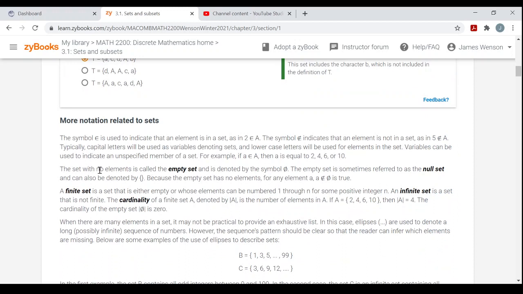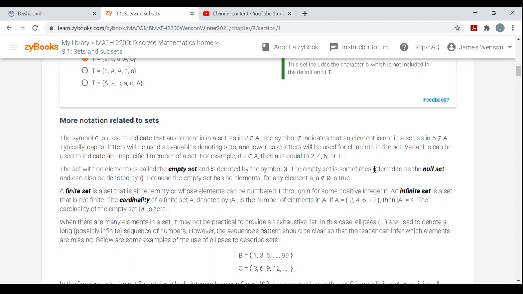The set with no elements in it, nothing in it, is called the empty set, and is denoted by this symbol. It looks like an O with a slash through it, or a 0 with a slash through it. That's the empty set.